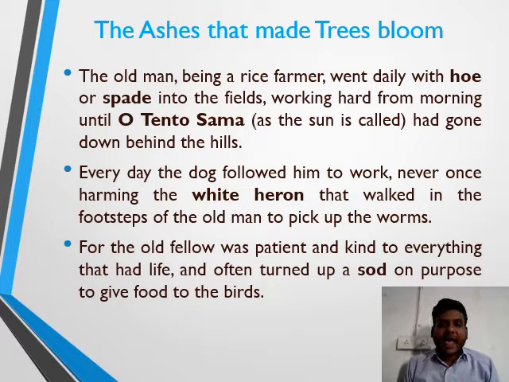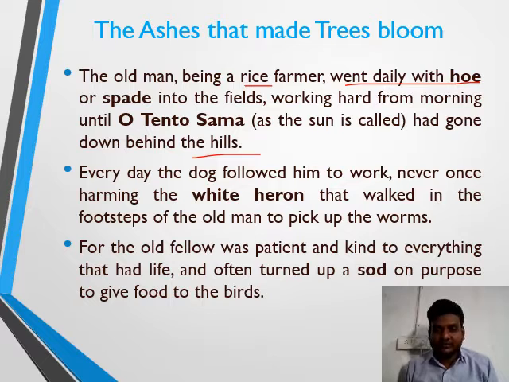Okay, students, I will read this paragraph. Listen carefully and mark the difficult words. The old man, being a rice farmer, went daily with hoe and spade into the field, working hard from morning until the sun went down behind the hill.